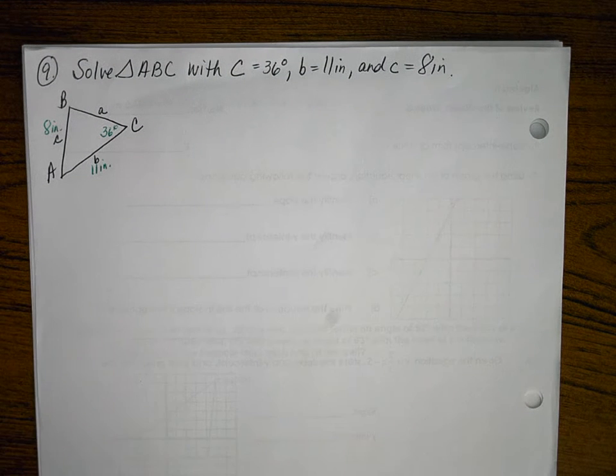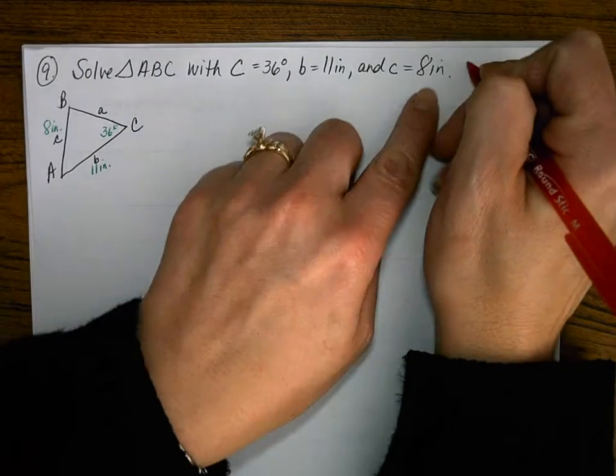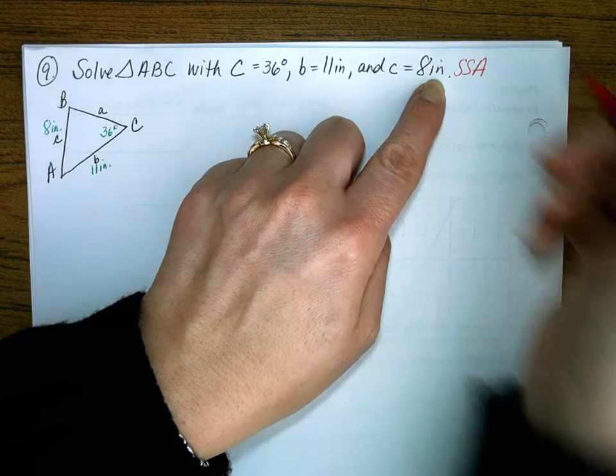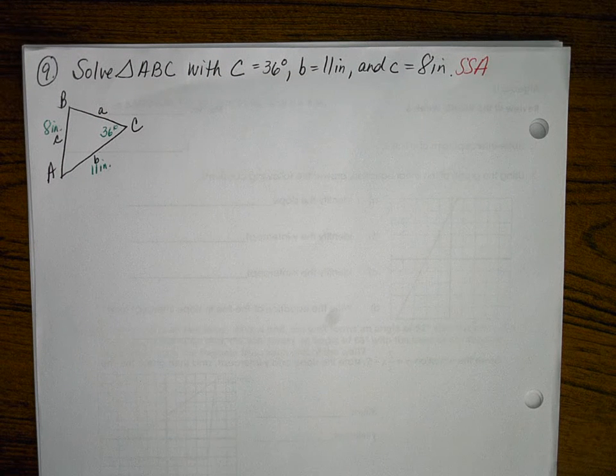First thing you have to ask yourself every single time is, what situation am I in? Side, side, angle. Yep, we have a side and then an angle. After I know it's side, side, angle, what's the next question? What kind of angle is it?